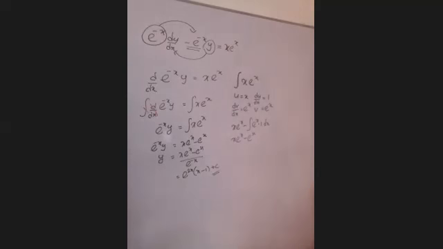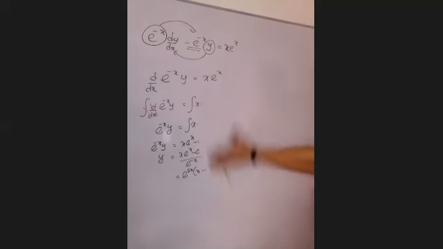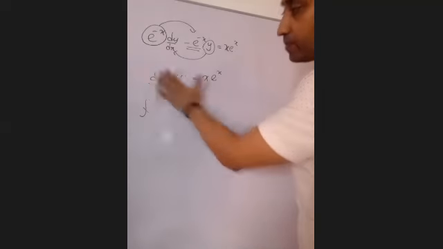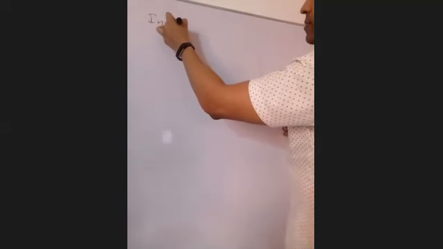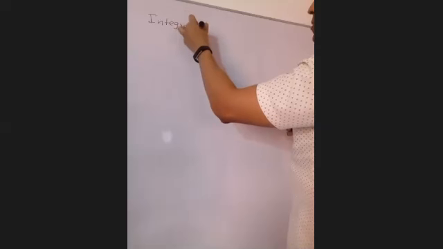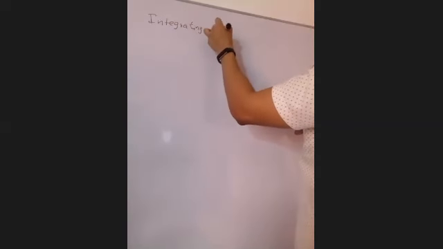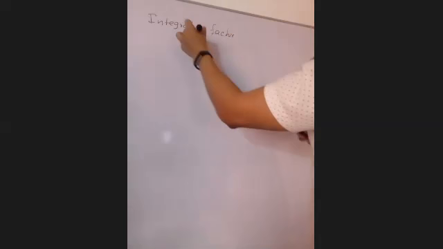Okay, let's go to the next part. The next part of this integration is just like this. If you happen to find a question like this, we call it the integrating factor.